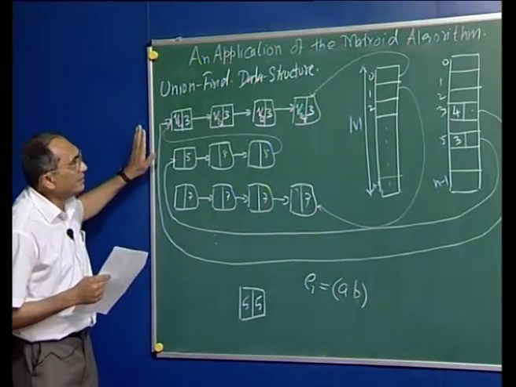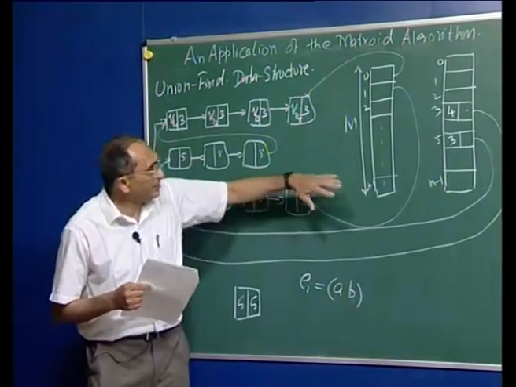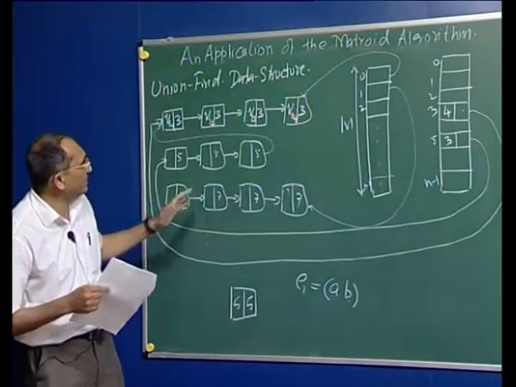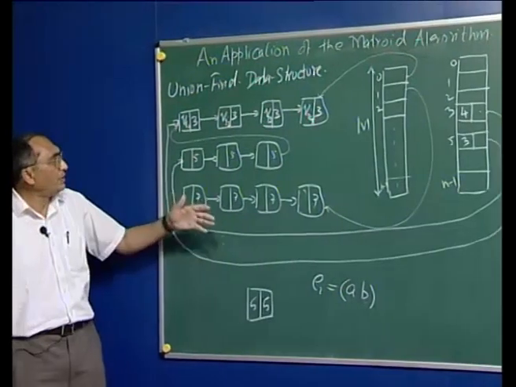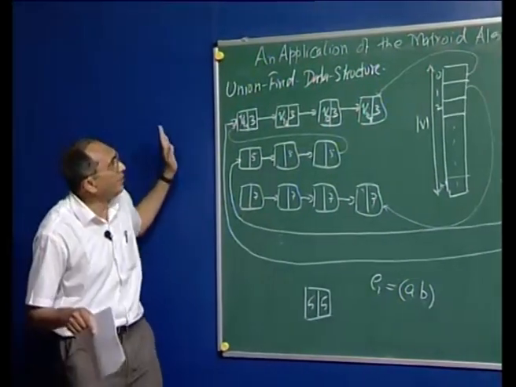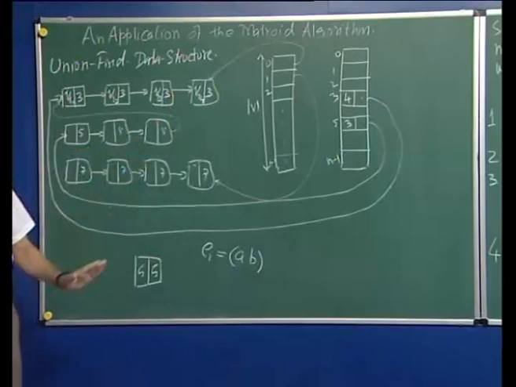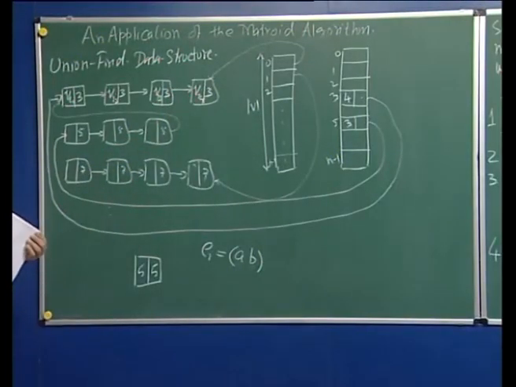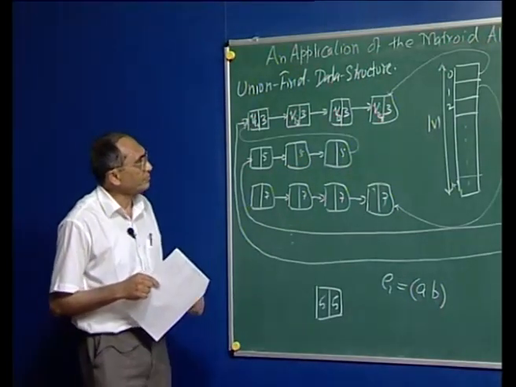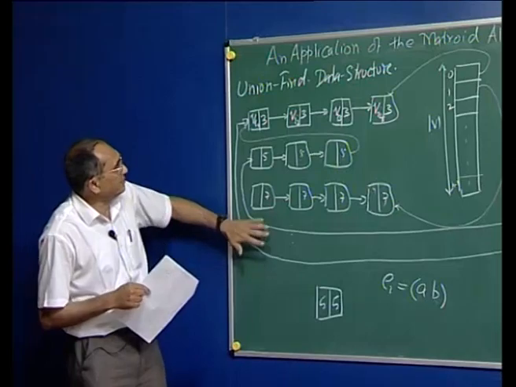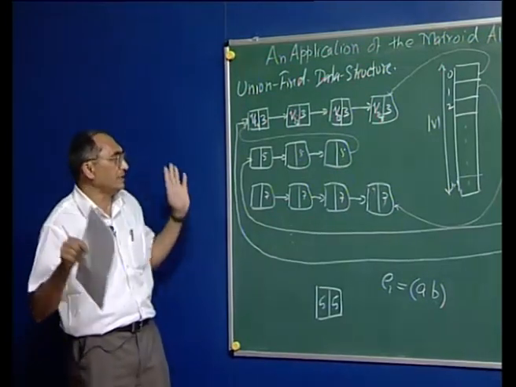Notice that in the process, these linked lists, starting from singletons, will eventually form a single list containing all the vertices, because we are going to form a spanning tree. A spanning tree has all the vertices in one single component.